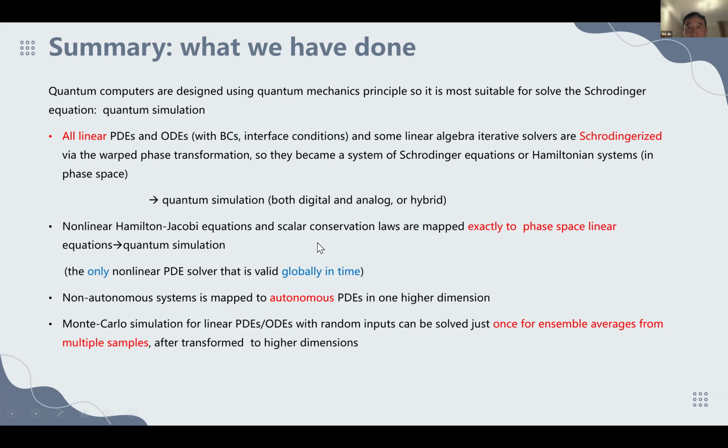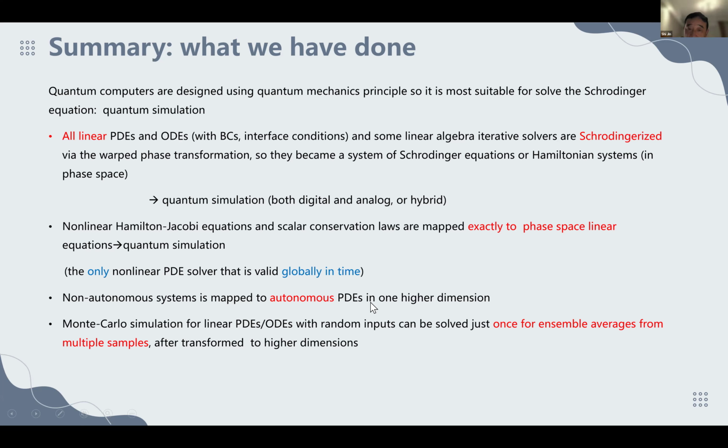For nonlinear PDEs, of course, what we can do is rather limited. It's largely open, all right? We can only do nonlinear Hamilton-Jacobi equations and scalar conservation laws. The idea is to use level set with double the dimension, go to higher dimension, then it becomes linear, all right? And for non-autonomous systems, again, we add one dimension higher, and it becomes autonomous.